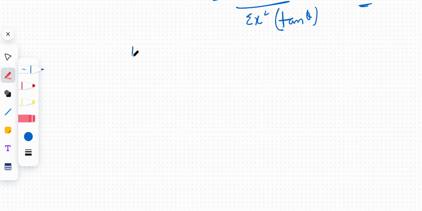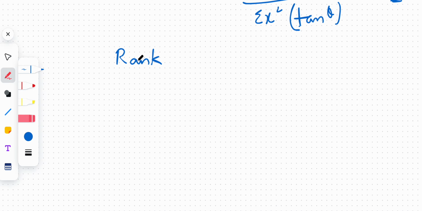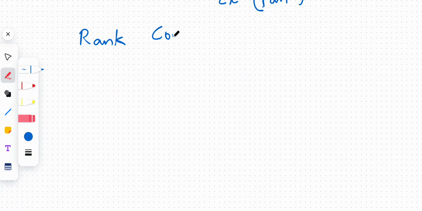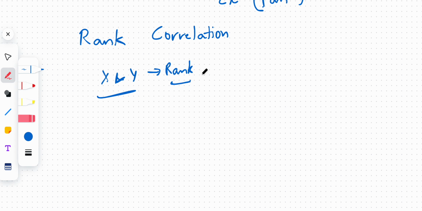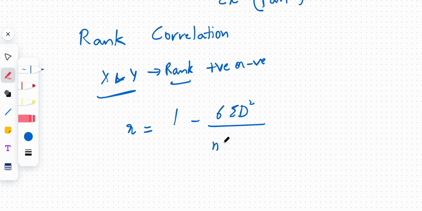Now I'll go to rank correlation. Rank correlation is, if there are two variables x and y, I'll rank them in a similar manner, whether ascending or descending order, and then my R will be equal to this formula: 1 minus 6 summation d square over n into n square minus 1.